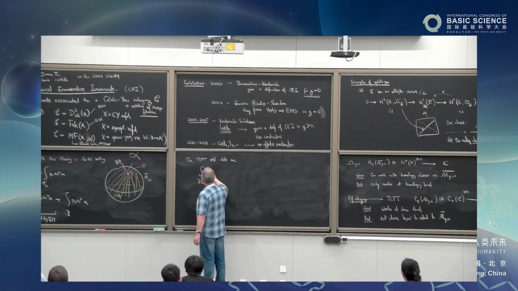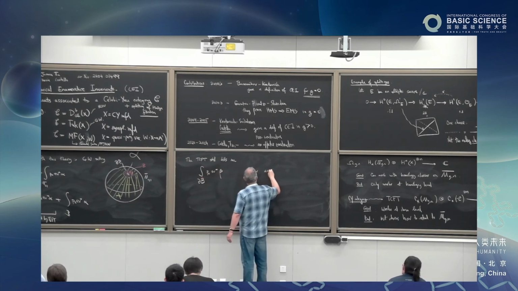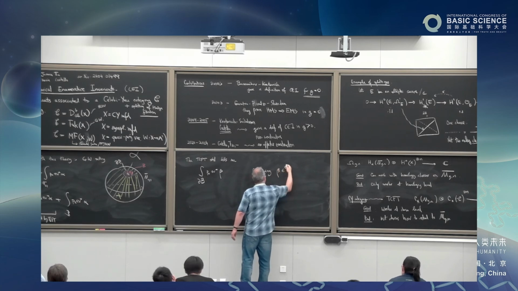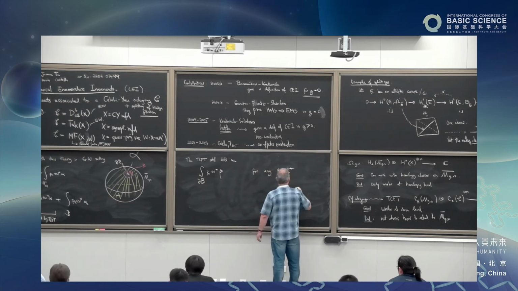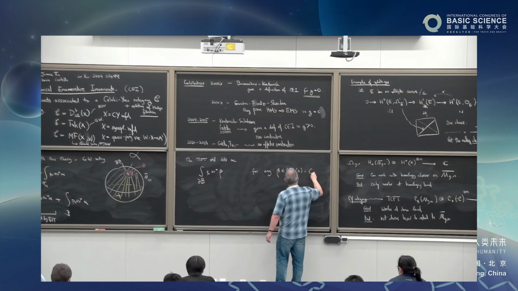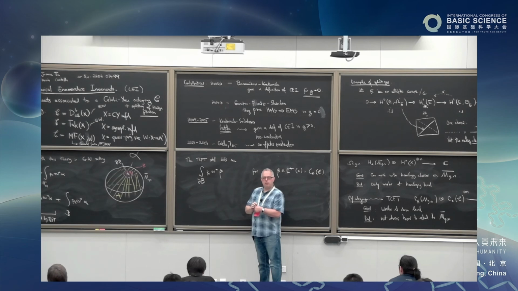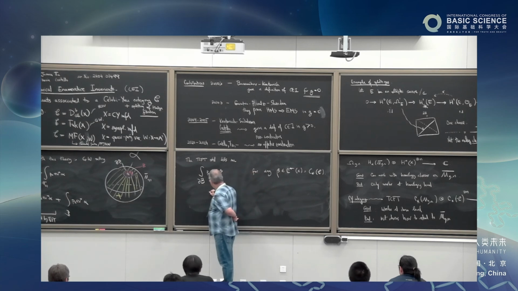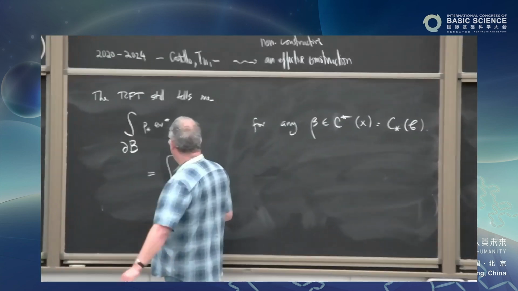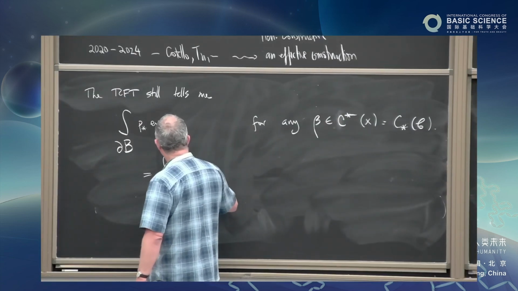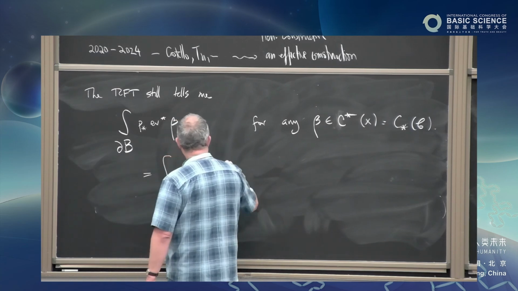So P lower star, F upper star of some beta, for any beta in the cohomology of X, which is chains of my K. Now, we all know Stokes, and we know that this is the integral on B of P lower star, F upper star, d beta.